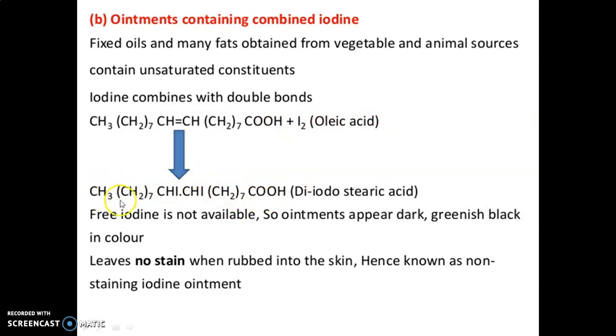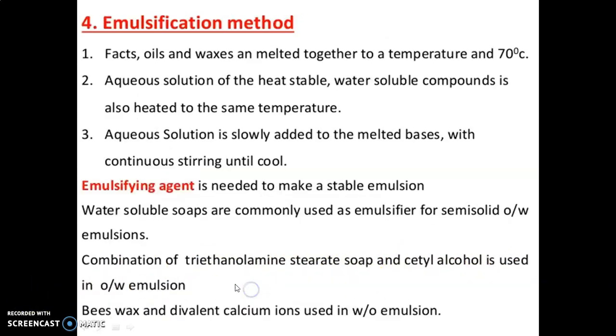Then it will give us CH3 (CH2)7 CHI-CHI (CH2)7 COOH, that is diiodostearic acid. Free iodine is not available, so ointments appear dark greenish black in color, leaves no stain when rubbed into the skin, hence known as non-staining iodine ointment.